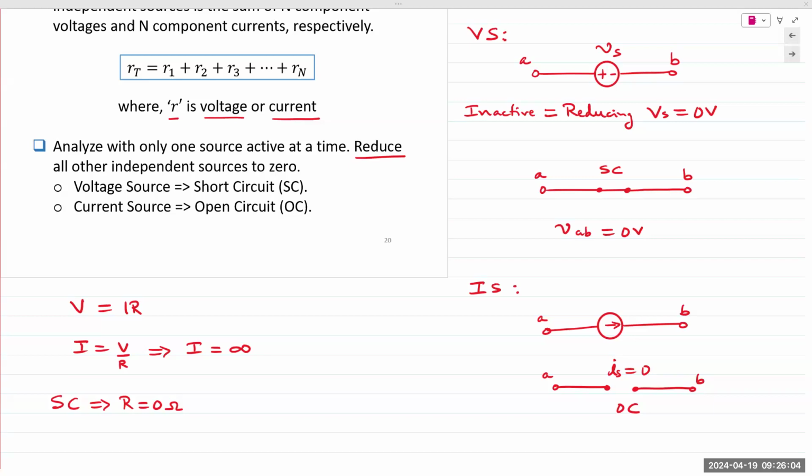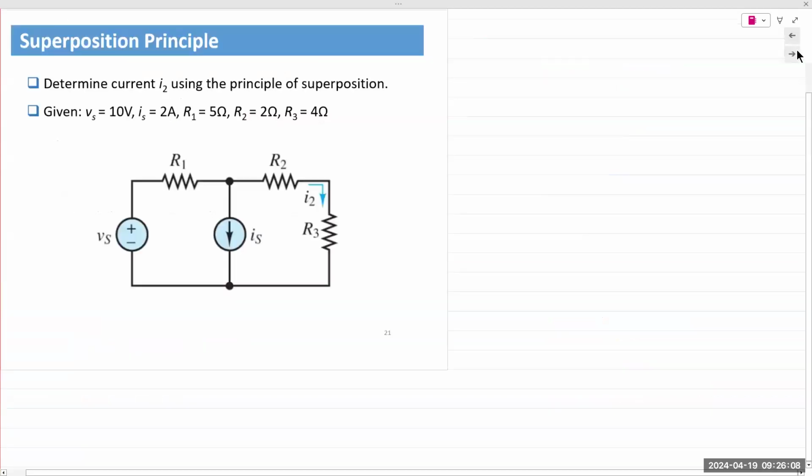Shall we look at an example? Okay, so here, this problem, you'll be surprised at the final answer. Determine current I2 using the principle of superposition. I2 is given to us as flowing down through R3.